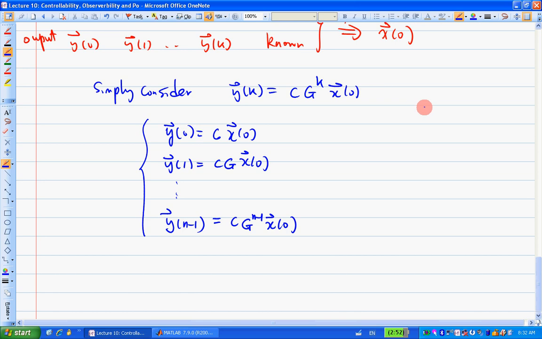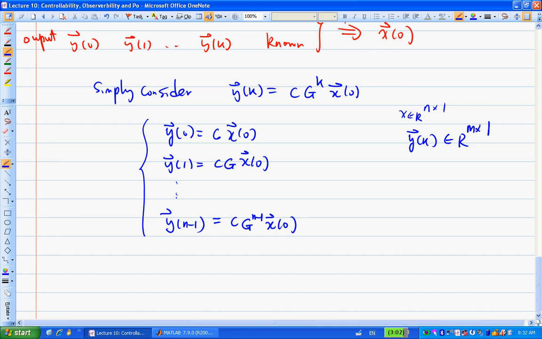The state x is an n by 1 state vector in general. And suppose the output y has m outputs, so the size of y is m by 1.